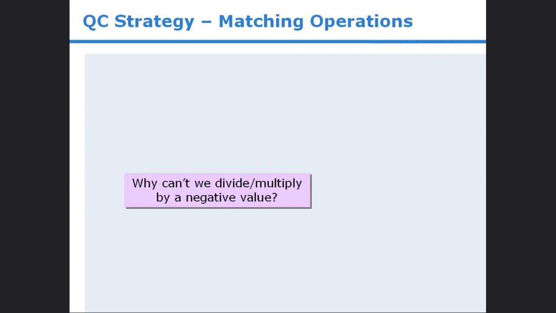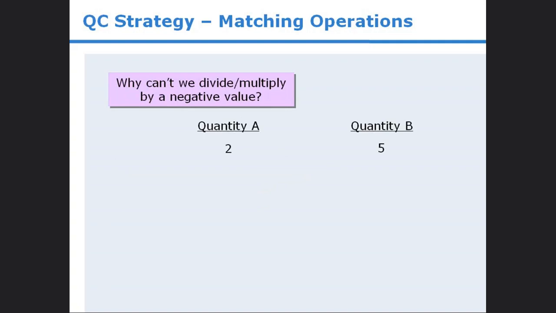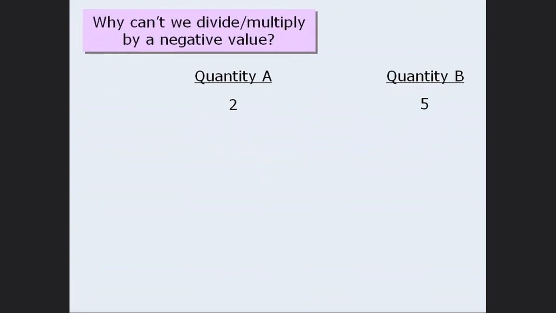To answer this question, let's examine a very rudimentary question. Now, of course, it's obvious here that quantity B is greater than quantity A. However, notice what happens when we perform any of the acceptable operations on each quantity. For example, if we add 8 to both quantities, we get these results.